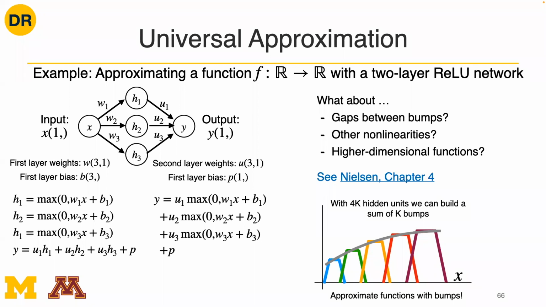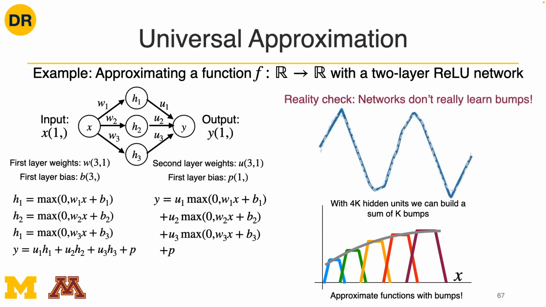It's a motivation for why we should be interested in them, because they can represent arbitrarily complex functions, assuming that we have a large enough network. In practice, though, this is not necessarily what our neural networks are going to be learning. We shouldn't think about the actual decision boundaries of our networks in terms of these bumps, but this is an intuitive description of this property.